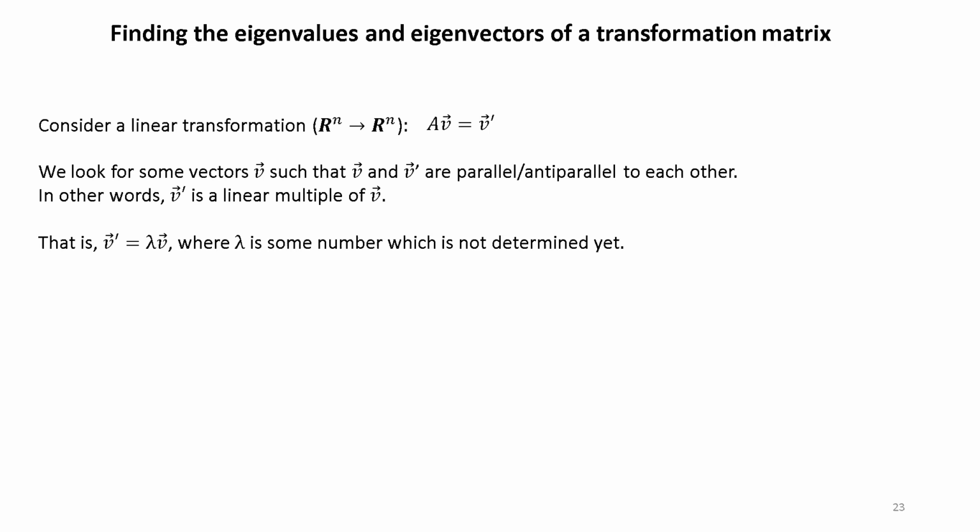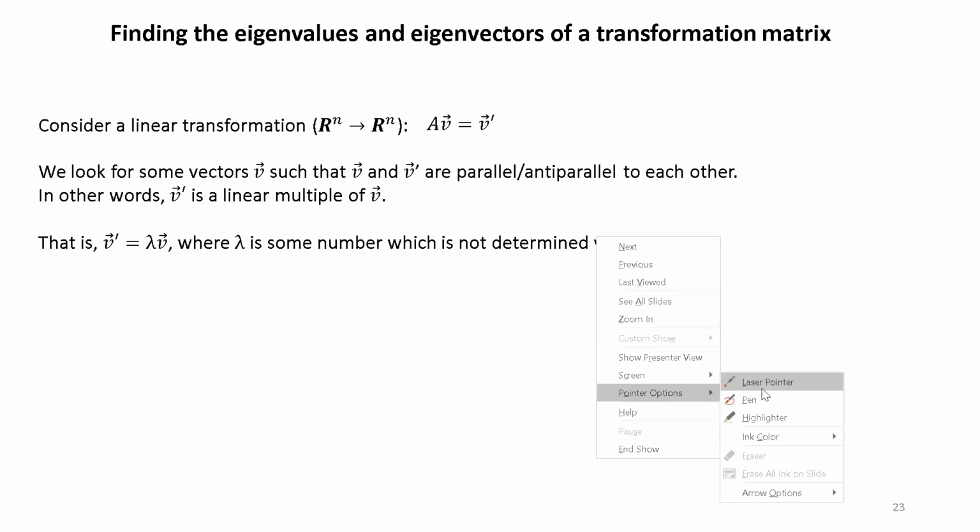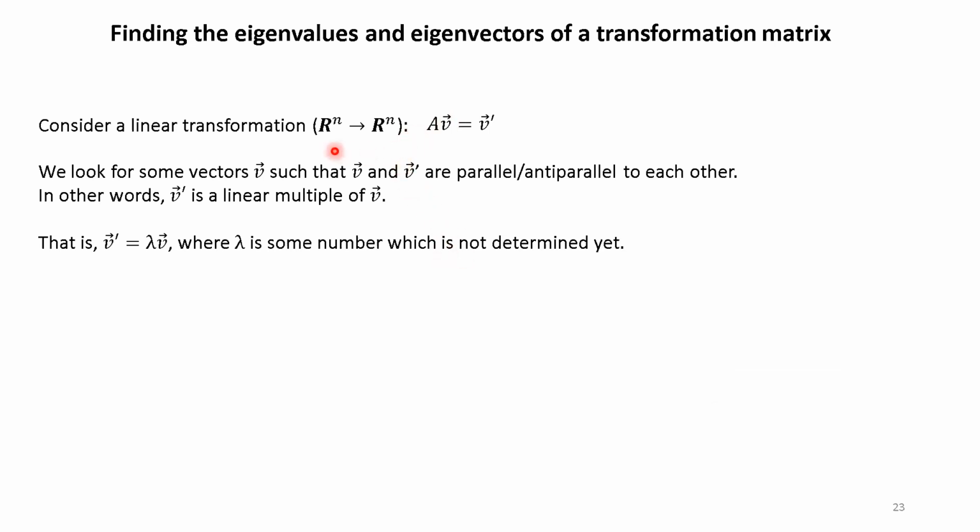But here, let's look at a systematic mathematical procedure on how to look for the eigenvectors for any transformation matrix. In general, remember that we are looking at a linear transformation from n-dimensional space to n-dimensional space. When we talk about eigenvectors, the dimensions before and after have to be the same.